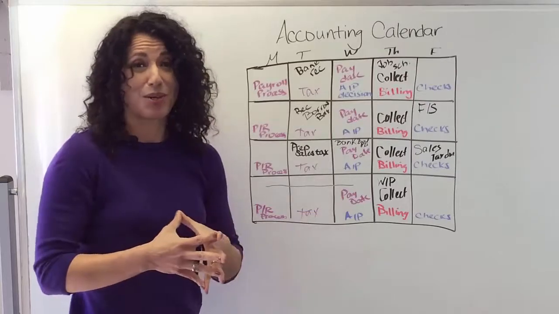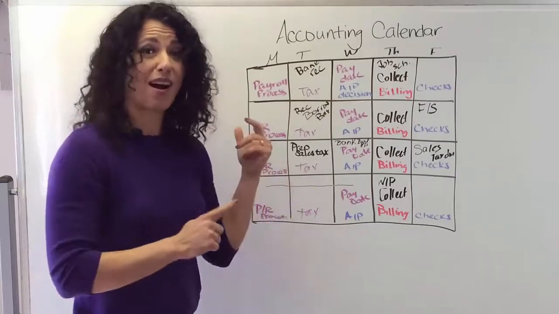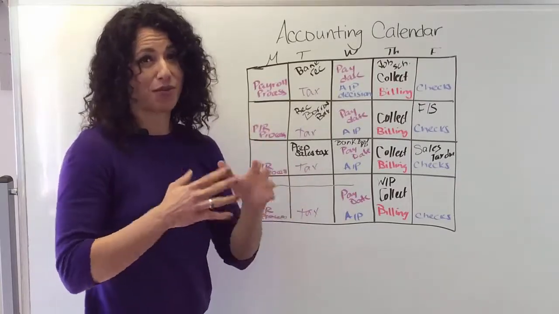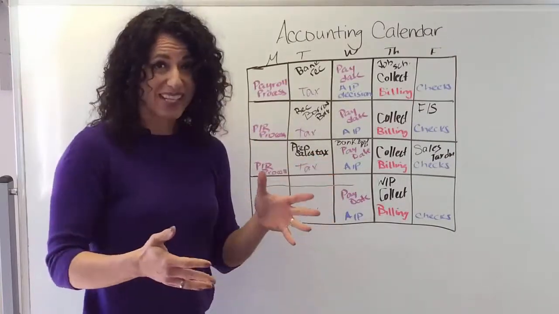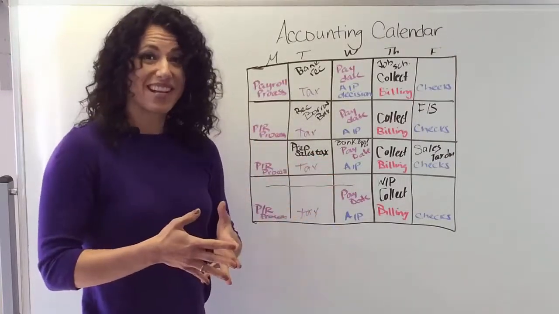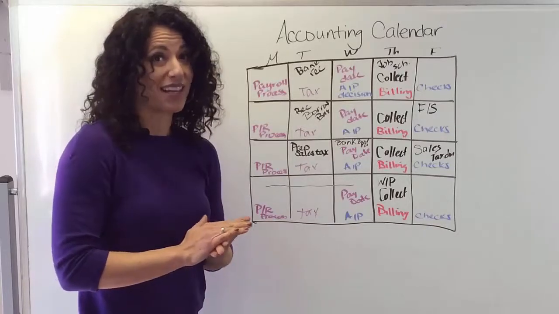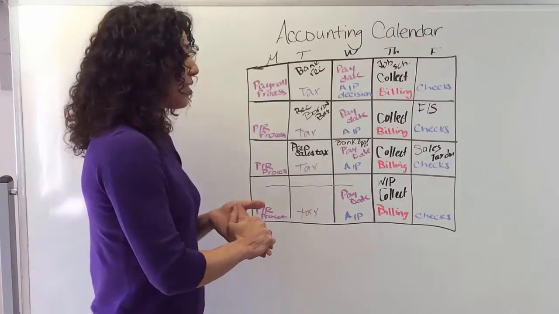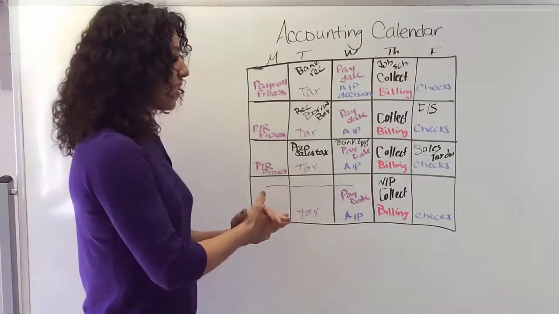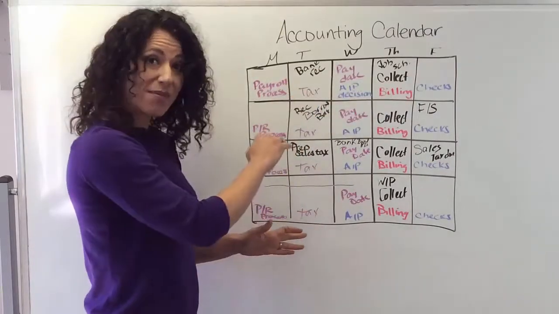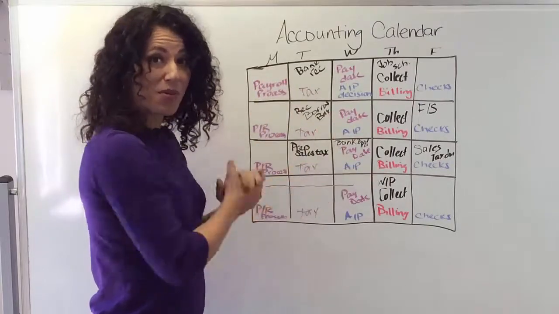And I'm kind of a nerd, so we actually have a calendar for the first 6 months of a year. We have an entire calendar of what we're going to do each day. That way we know that we can stay on track and that we hit all of the deadlines that we have. So you have the ability to create your own accounting calendar, and you can add all of these once a month items and really make it pretty robust.